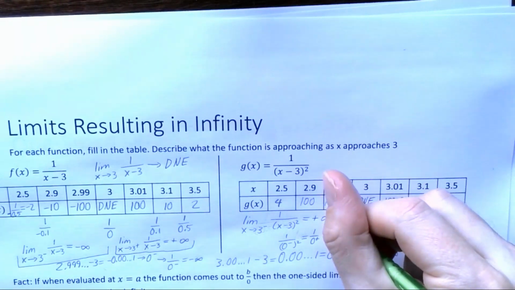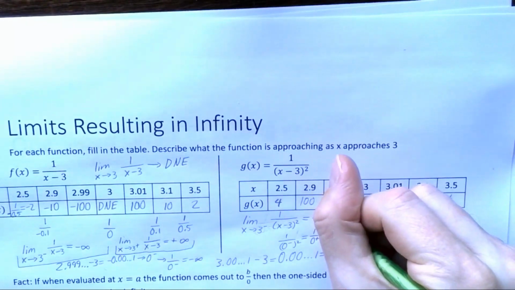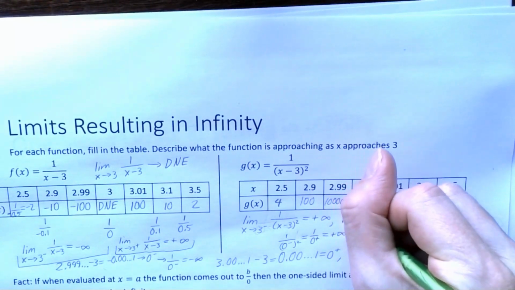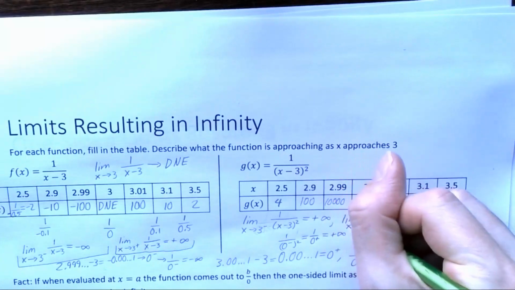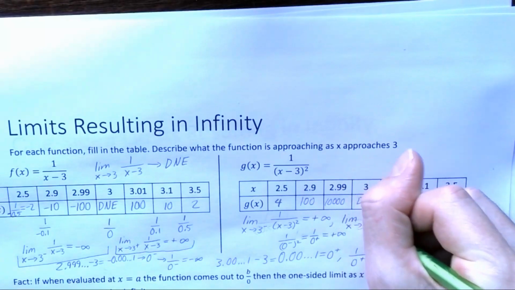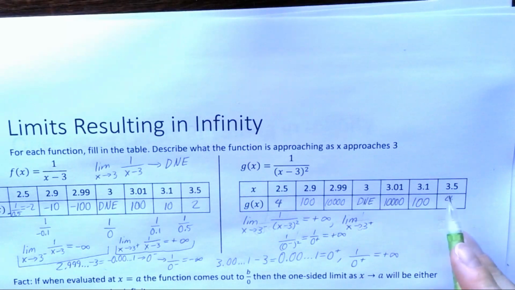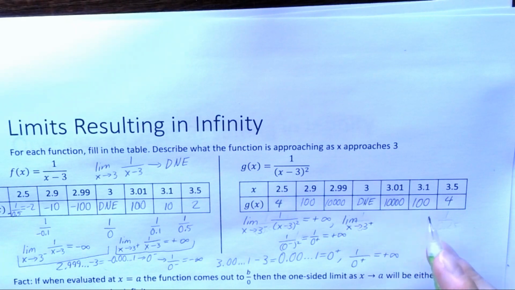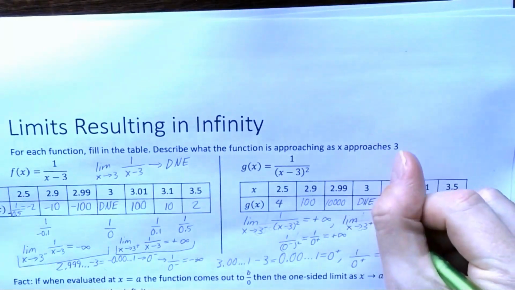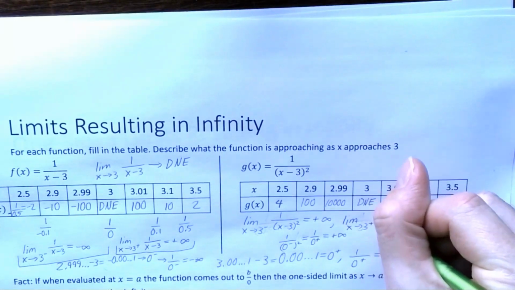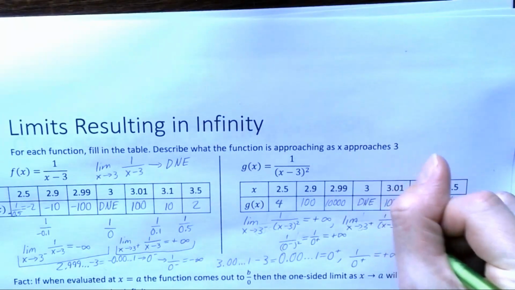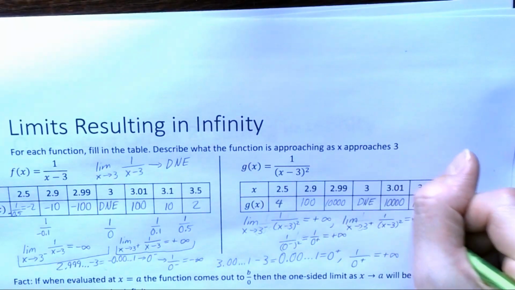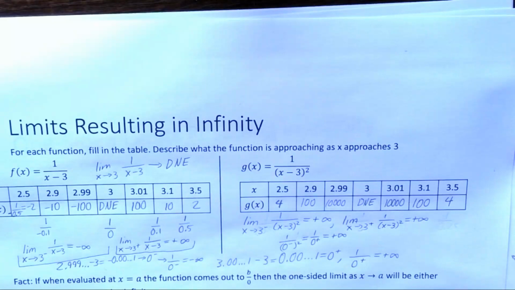We get a similar result if we do the limit as x approaches 3 from the right. Going from the right, we're at 4, then we're at 100, then we're at 10,000, and we're increasing rapidly as we approach 3. And so the limit as x approaches 3 from the right of 1 over (x minus 3) squared is positive infinity.